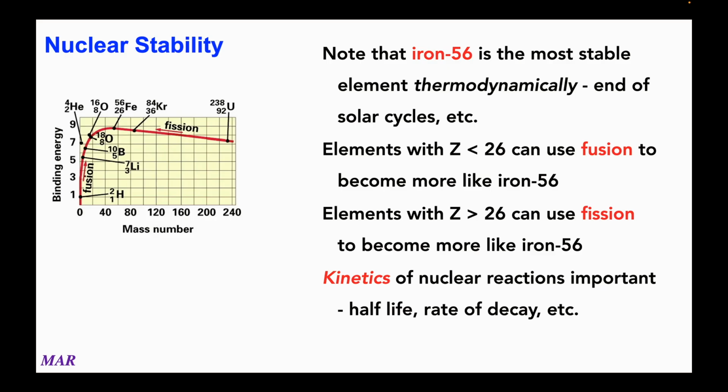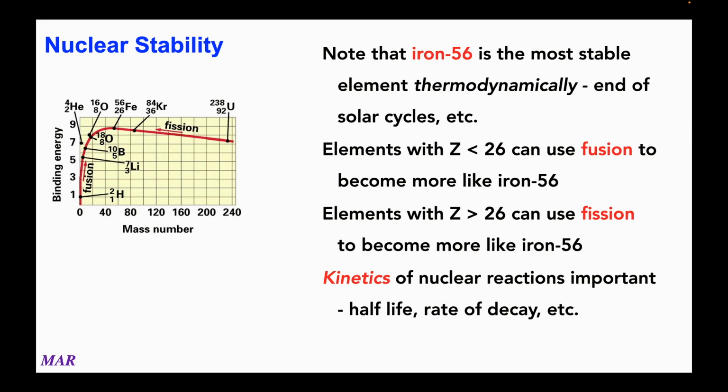And so if you have any kind of solar cycles or any kind of elements, iron 56 is kind of the final spot. So if you have an element that's less than 26 protons, less than iron, it'll use fusion, which we'll talk about later, to become more like iron 56. On the other hand, the greater elements like uranium, krypton, molybdenum, etc., will use fission to become more like iron 56.